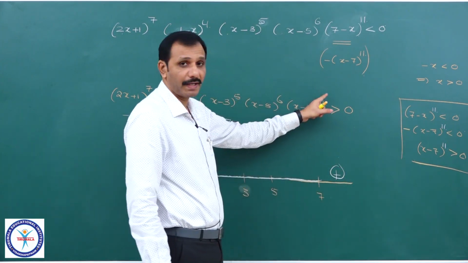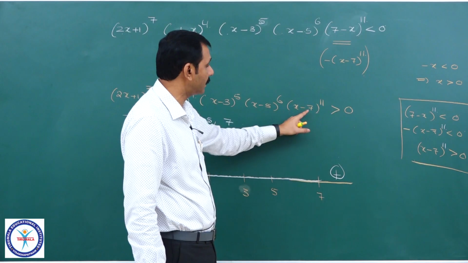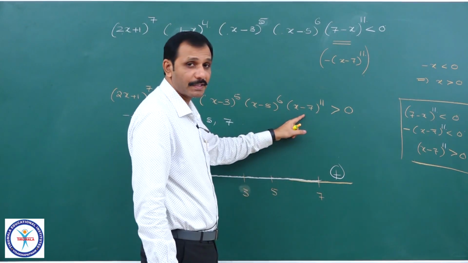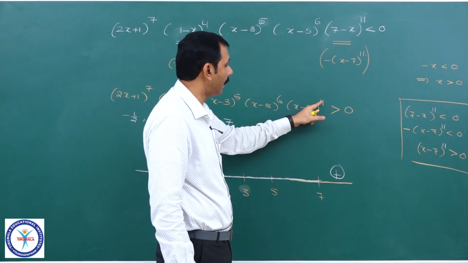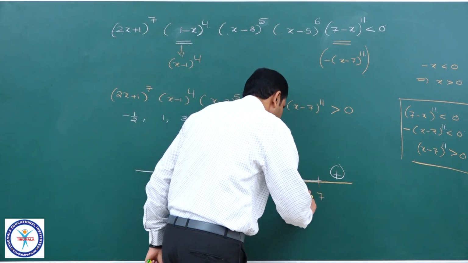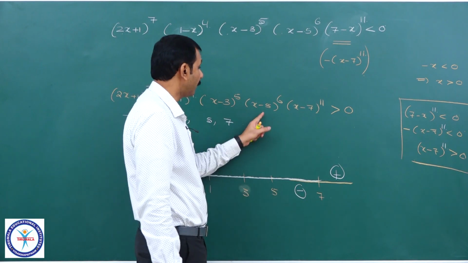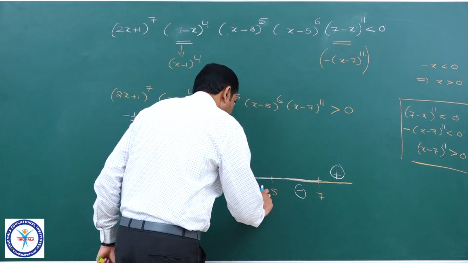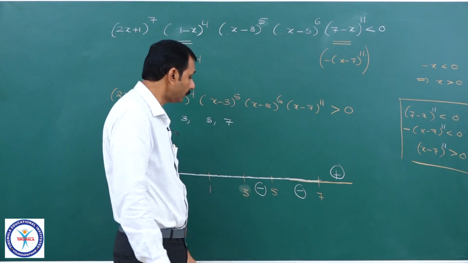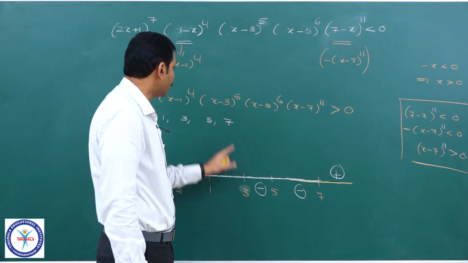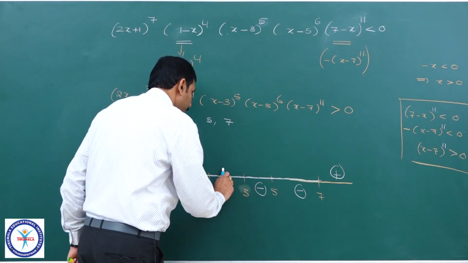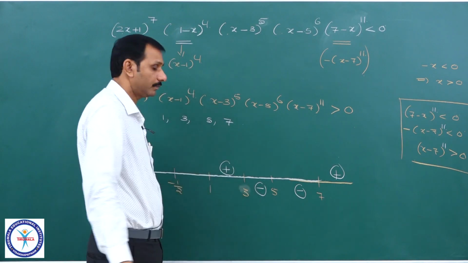Observe the power of x minus 7. Is it even or odd? Odd. Therefore, the sign will change, plus to minus. Power of x minus 5 is even, the sign will not change. Minus and minus only. X minus 3 whole power odd is there, the sign will change, here positive.